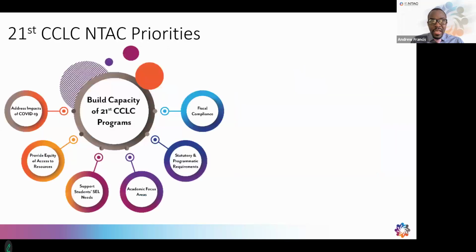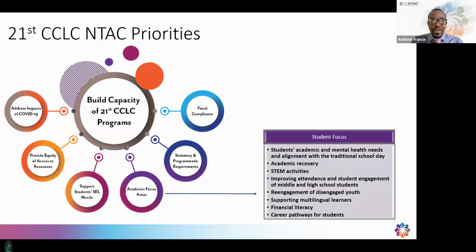More specifically, I want to share with you the several NTAC priorities that we're focusing on. These are essentially, as you can see, recovery from the pandemic, ensuring that you as a key stakeholder in this process have the resources to provide access to high quality and equitable services as you support students' social and emotional needs, and their academic needs as well, while also zoning in on some of the specific priority areas listed here.